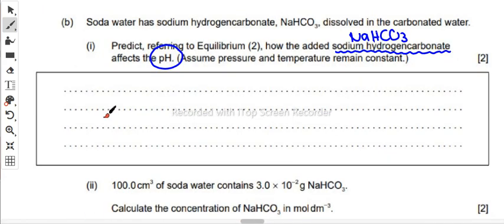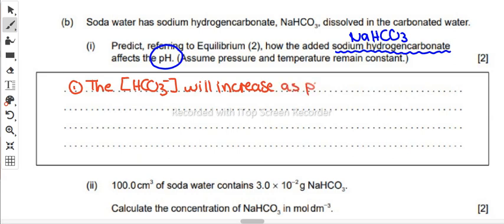So let's go back to the question. Predict, referring to equilibrium 2, how added sodium hydrogen carbonate affects the pH. We're going to say, as first point, the concentration of HCO3 negative will increase as products. So what will happen to the equilibrium?